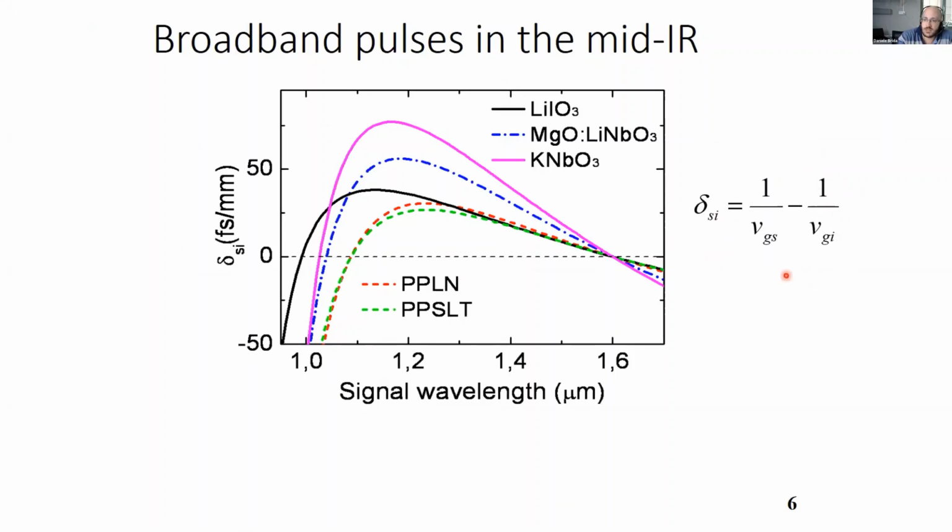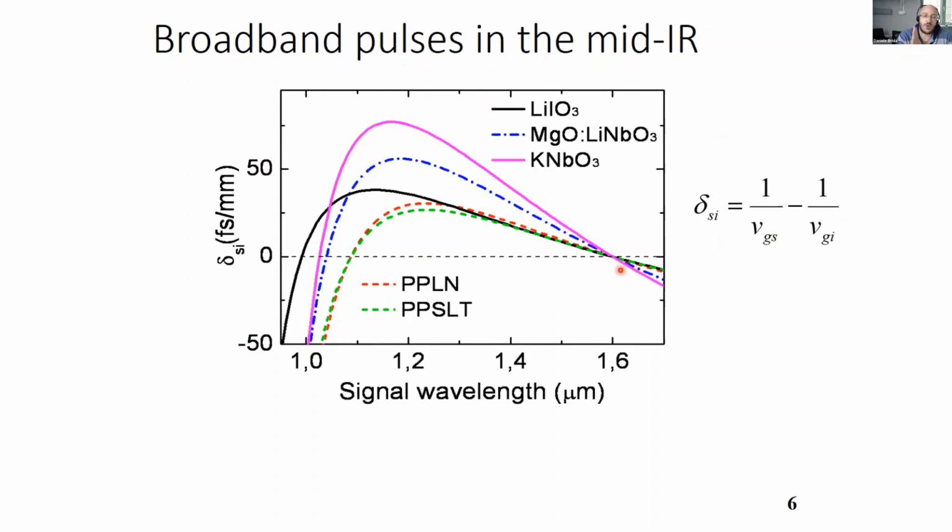You see that we have a few zero crossings. We have one zero crossing at 1.6 micron, in this case pumping at 800 nanometer. So it means that the group velocity of the signal and the idler at 1.6 micron is going to be the same.